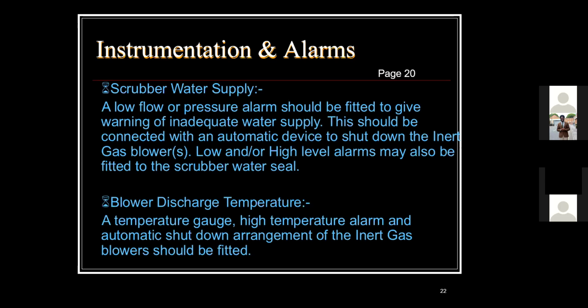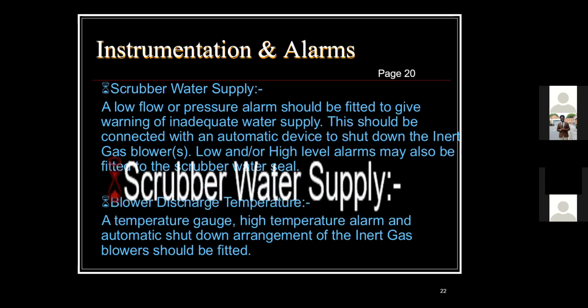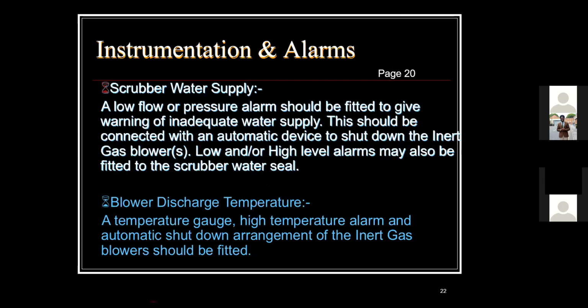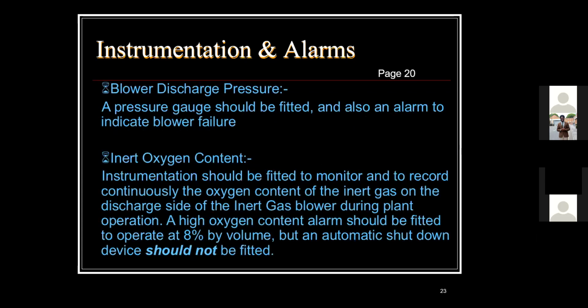You also have a blower discharge alarm, which is very important. It reads the temperature, high temperature, low temperature. Sometimes when you have high temperature, it automatically shuts down the system. So it's very important for you to know this. You also have the blower discharge pressure alarm.